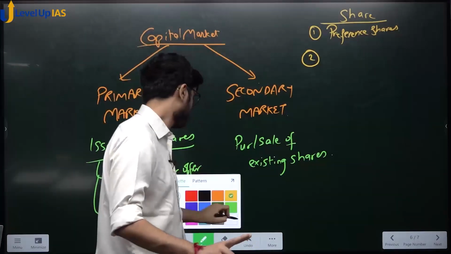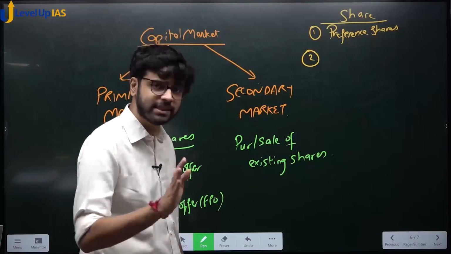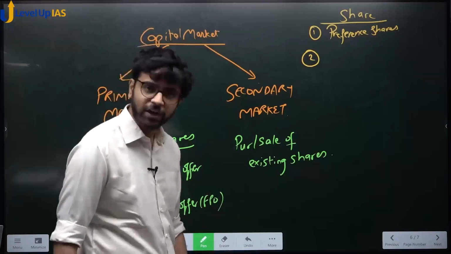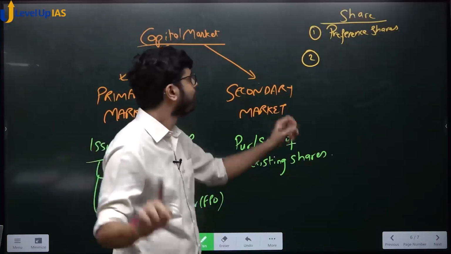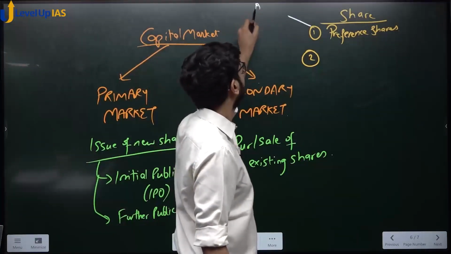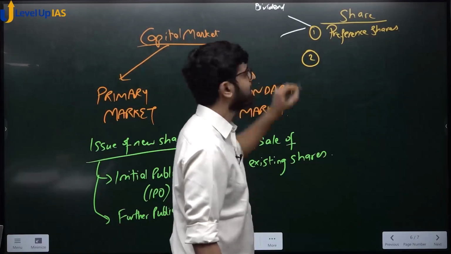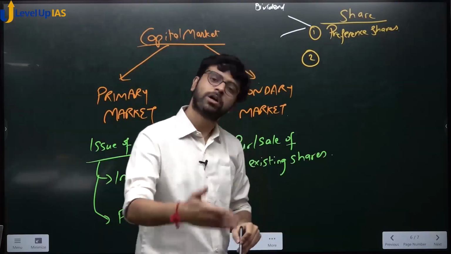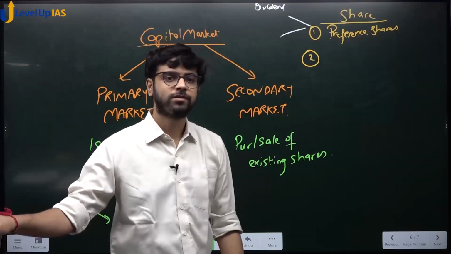They have fewer rights in all other aspects. No need to go into detail. Just see that there is a division. Preference shares have fewer rights in other aspects, but in two aspects they have superior rights. One, dividend. I will tell you what dividend is. Second, if tomorrow the company closes down, do you remember the waterfall?